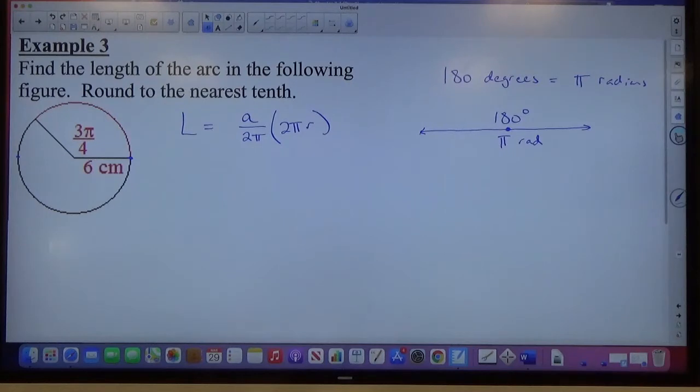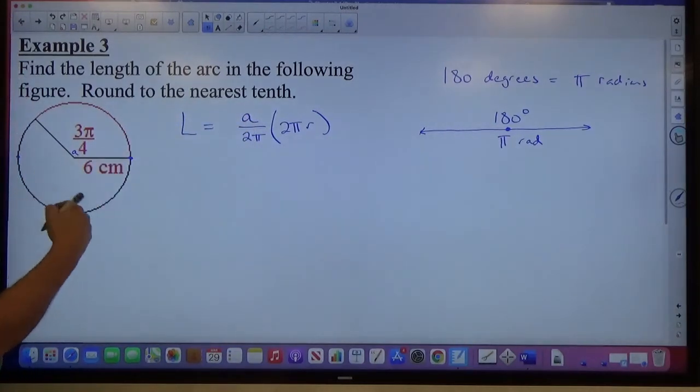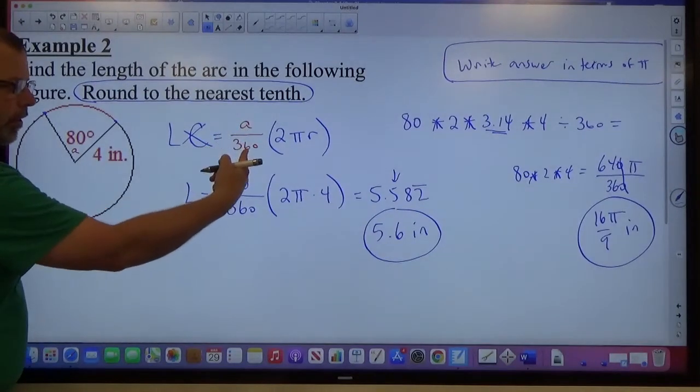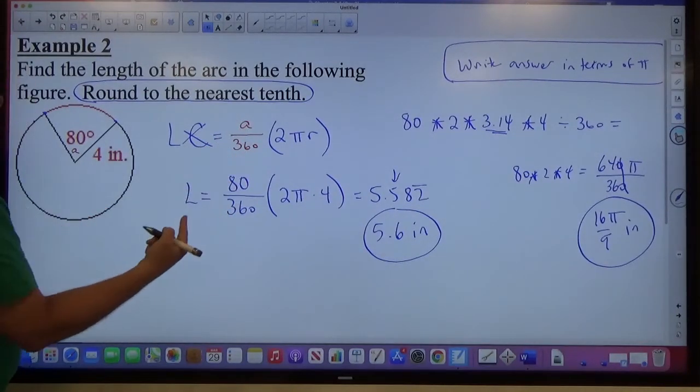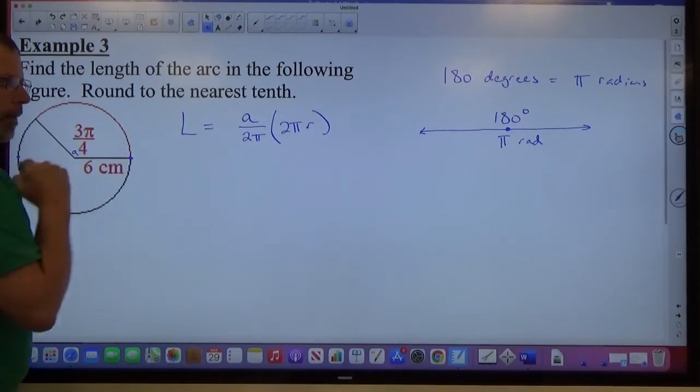Take a quick, simple look at this formula here. Again, I made it the same way. I'm not going all the way around, so I'm going some part. So this is A. All the way around is 2 pi. Radians over radians. If I'm in degrees, it's degrees over degrees, 80 degrees over 360 degrees. This is radians over radians, so 2 pi.